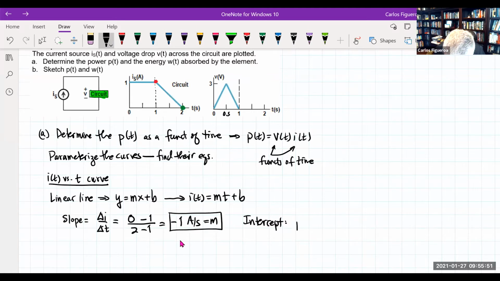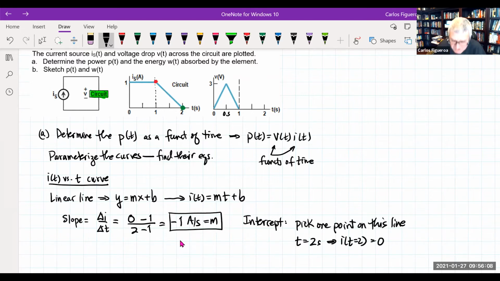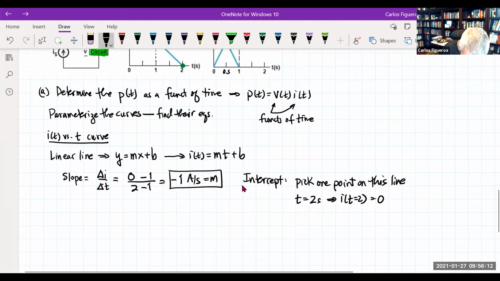So I pick one point on this line where t is equal to 2 seconds, which then tells me at 2 seconds that current is 0.